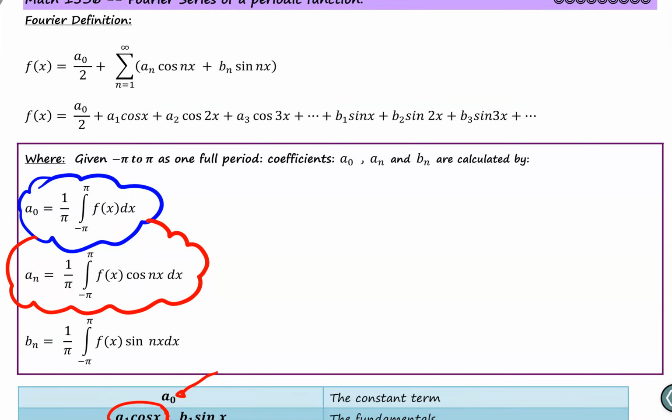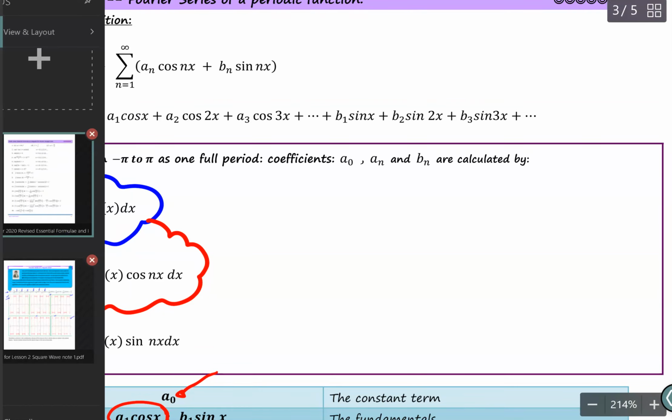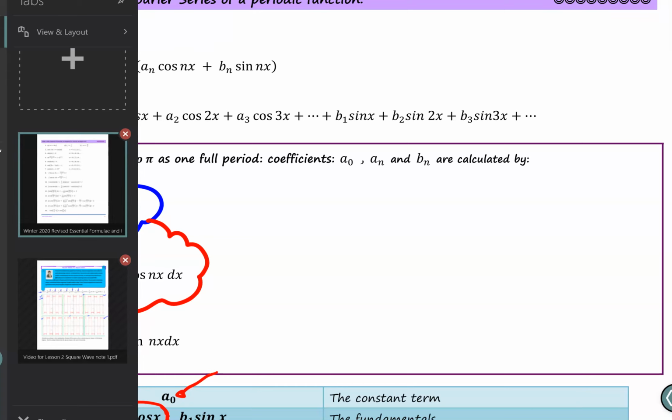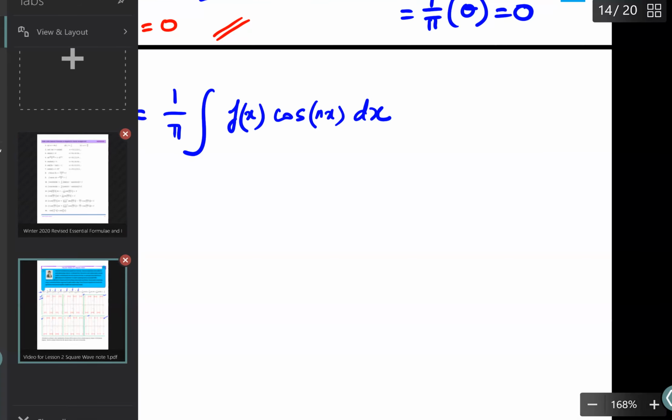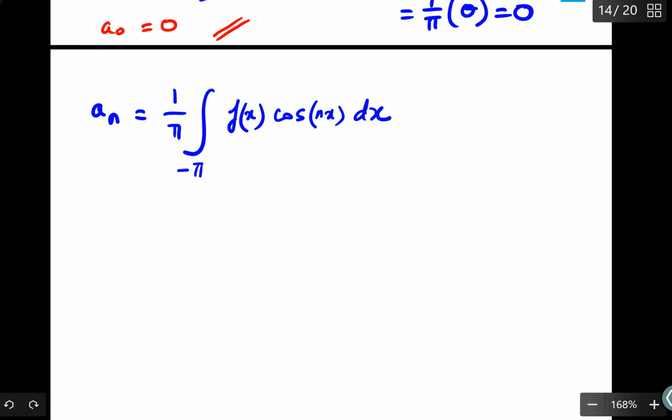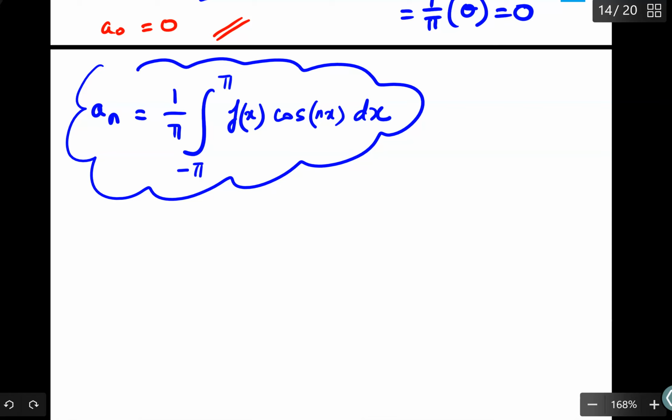In this case, it will be negative pi to pi, but that is the general formula. So negative pi to pi is a general formula. We just use this only to remind ourselves, but we need to apply the correct intervals for this an.